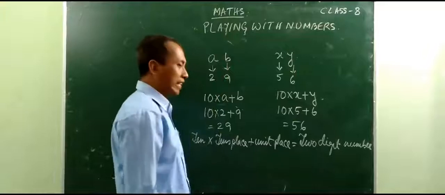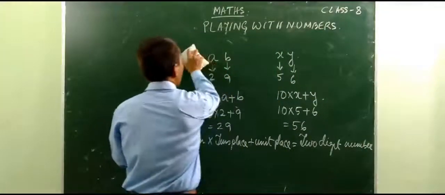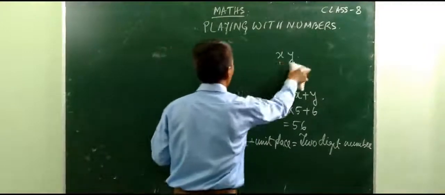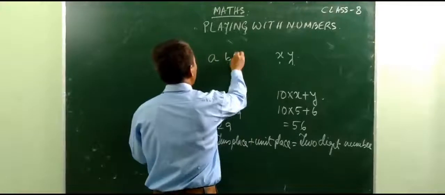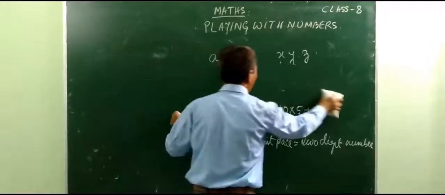Similarly, we can get a 3-digit number also, ABC or XYZ. How do we get a 3-digit number?